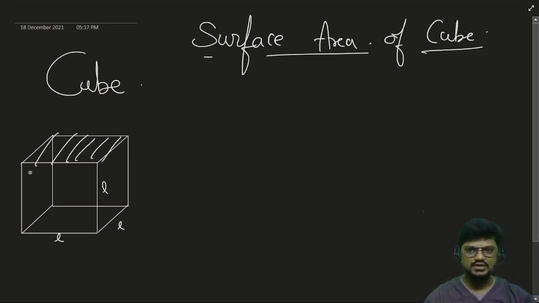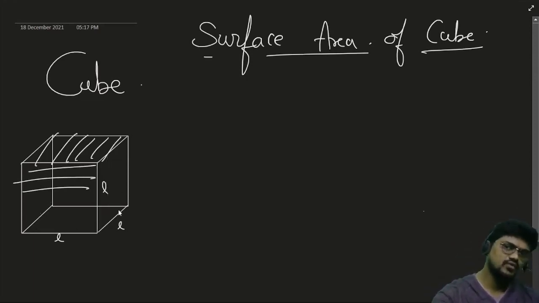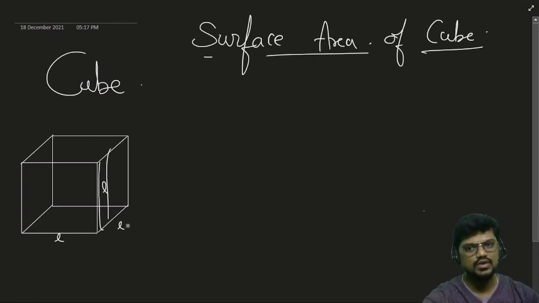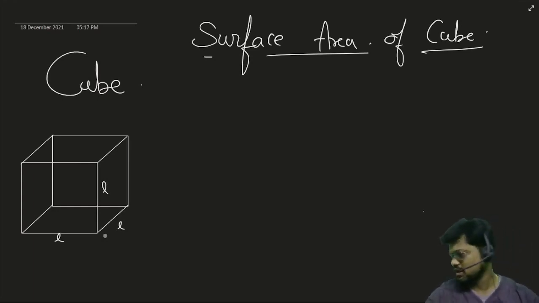That means this face, this face, this face, and the backside 3 faces also. What do we know? The area of each face is how much? If I want to find the area of this face, it will be length into length, the side square. And how many faces do you have? 6. Six faces, right? If you are playing Ludo, how many faces does it have? It has 6 faces, right?